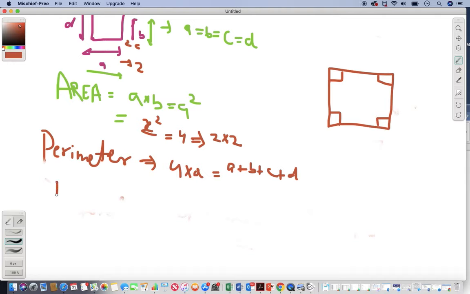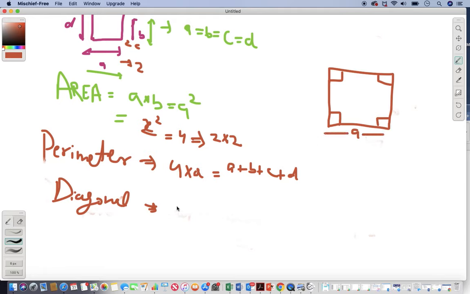So let's discuss diagonals. The diagonal of a square, I don't know if you have seen it or not, but there's a calculation. Let's say A is the length, breadth, width, or height, whatever you want to say, of the square.